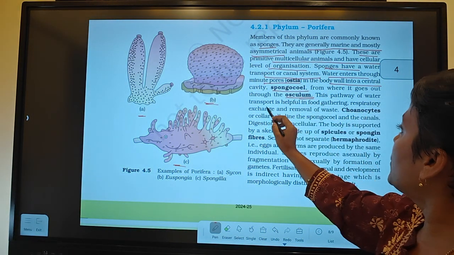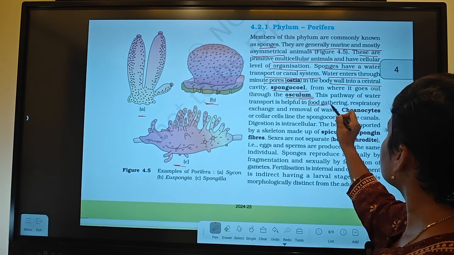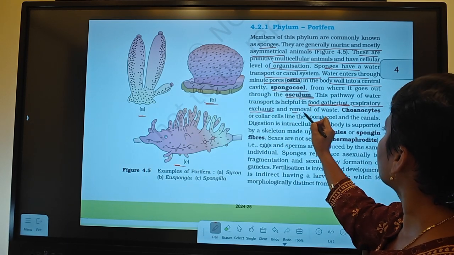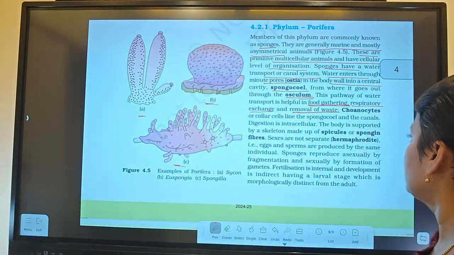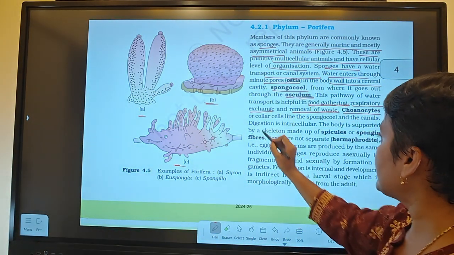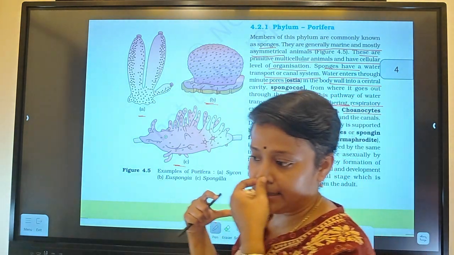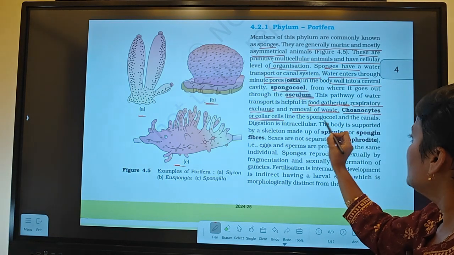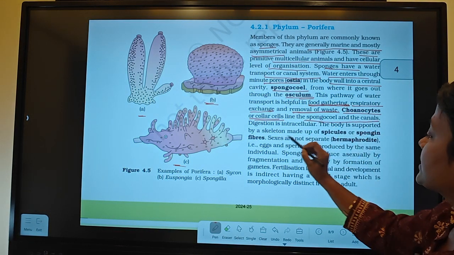This pathway of water transport is helpful for 3 purposes, right? I have discussed food gathering, respiratory exchange and removal of waste. Each word is very, very important. Then choanocytes, the inner layer, will have choanocytes, also called collar cells, because at the base of the flagella there will be a collar-like structure. Collar cells line the spongocoel and the canals.